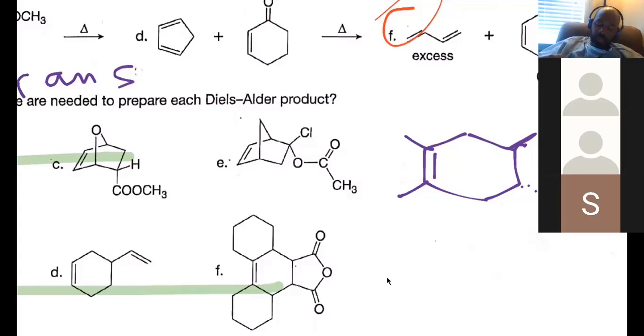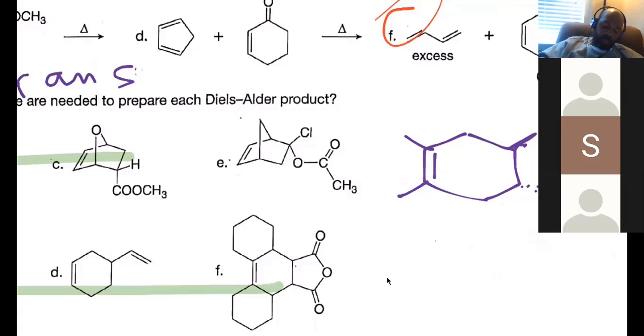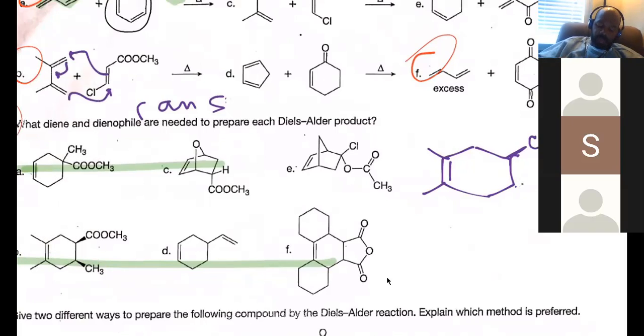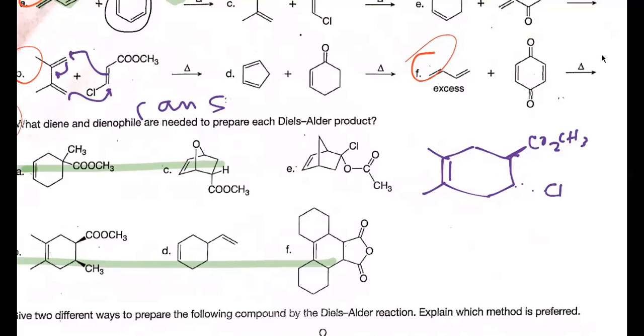All right, so you got one of these is trans and one of these is cis. I'm sorry. One is wedged and one is dashed. Let me get this out of the way too. My dash looks kind of sucky.